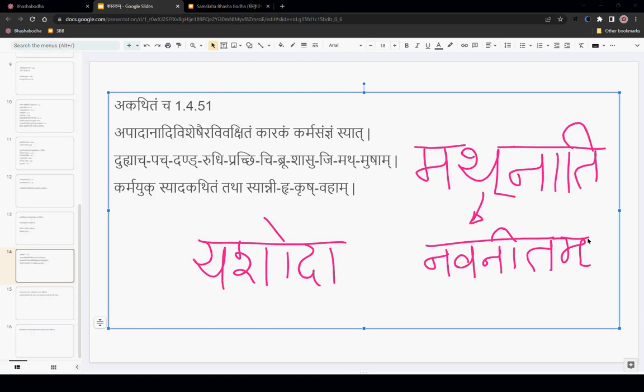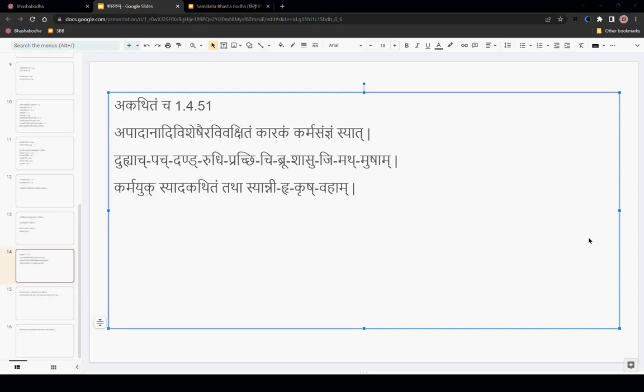Takram instead of takrat. Yashoda takram navanitam mathnati. That is fine. Mush. Mush dhatu. Mushnati iti prayogah. Let me ask, what does mushnati mean?